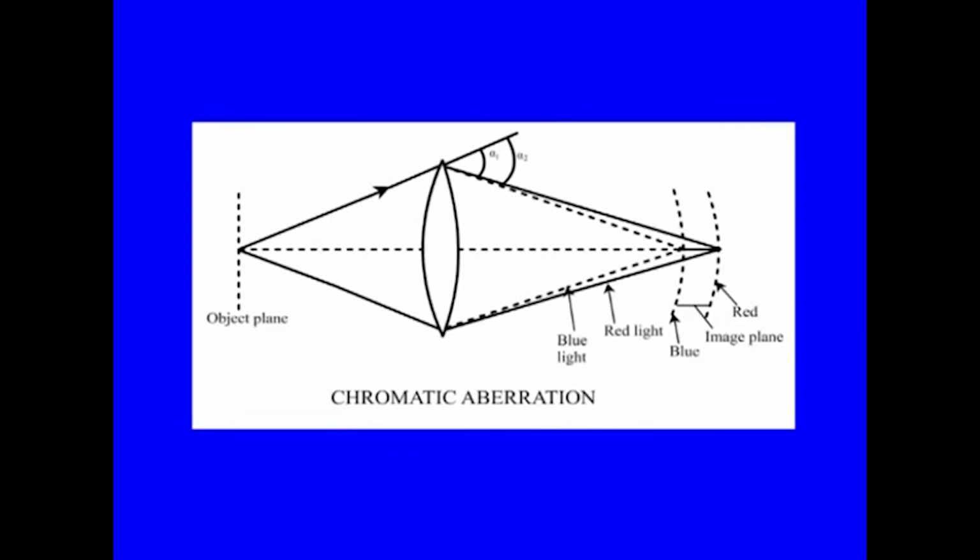For example, blue light will be focused closer to the lens, that is, it will have a smaller focal length as compared to the longer wavelength light, for example red or green. So, these lights are not focusing at the same point and what you get is a blurred image with color separation.